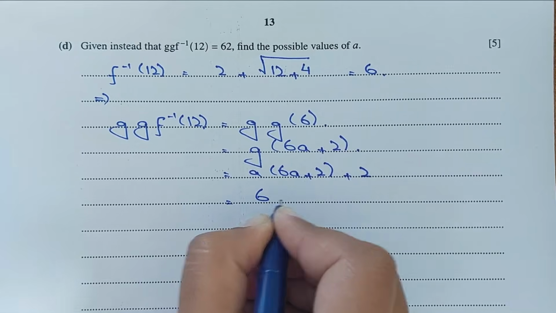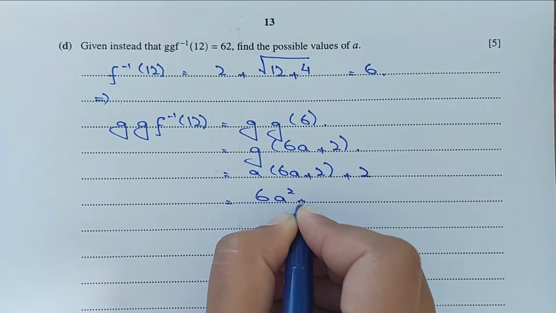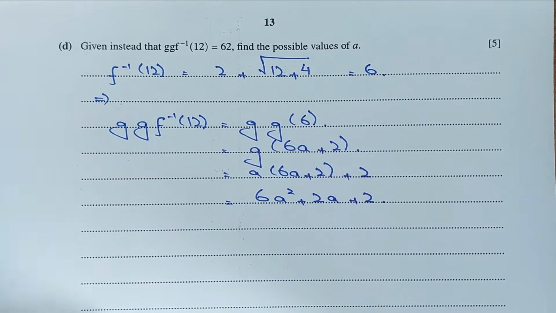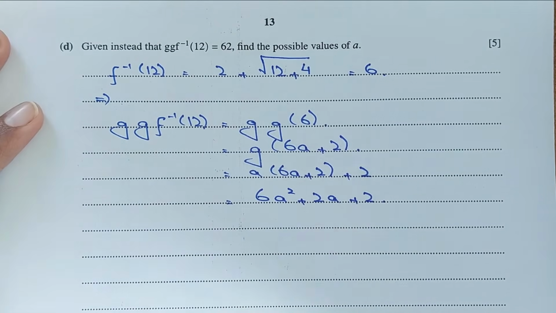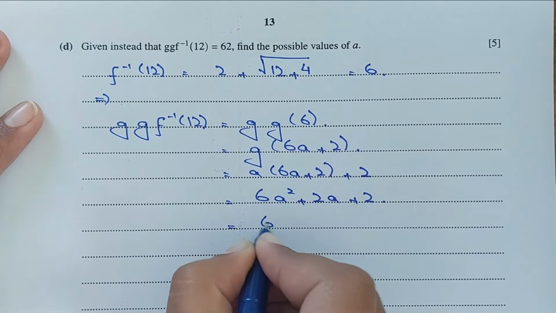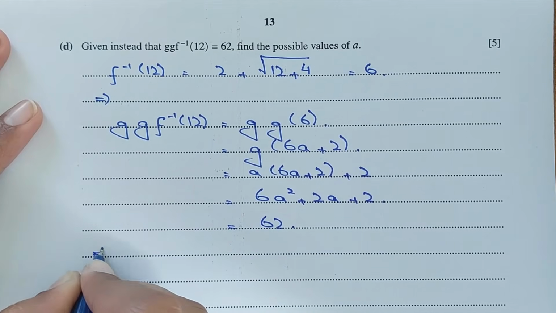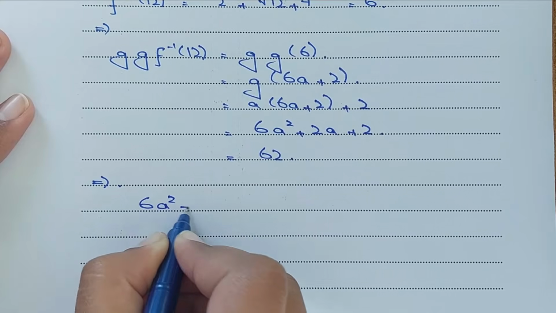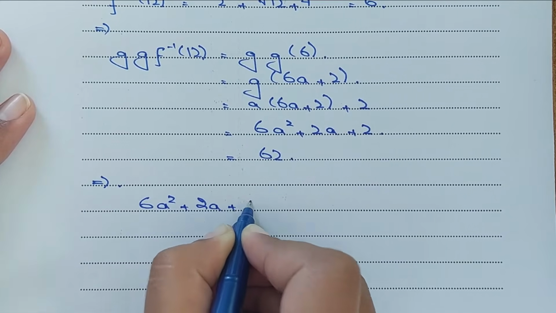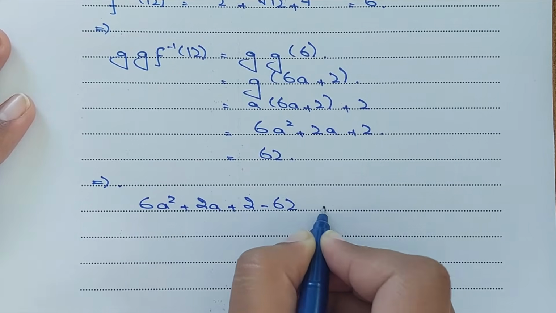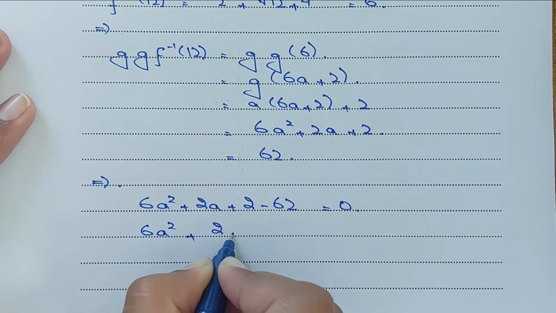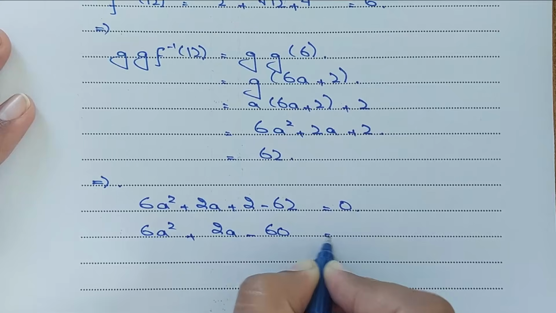So this is 6a squared plus 2a plus 2. Right, and we have to put this equal to 62 and find the possible values of a. Now let's do this. 6a squared plus 2a plus 2 minus 62 equals 0, so 6a squared plus 2a minus 60 equals 0.